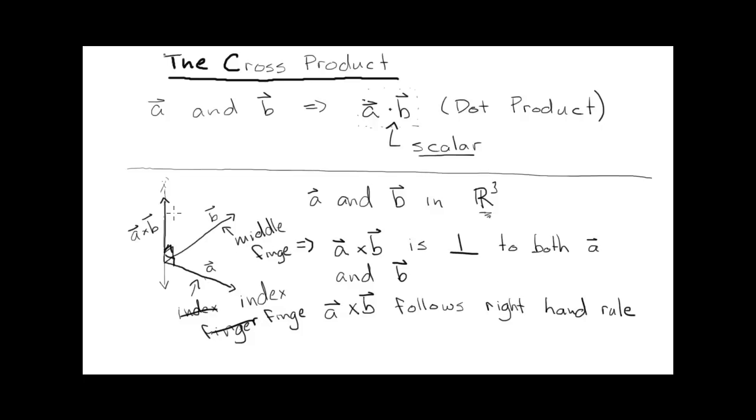Then A cross B is going to be the vector in the direction of the way your thumb would go if you're using your right hand. Okay, so this is A cross B.